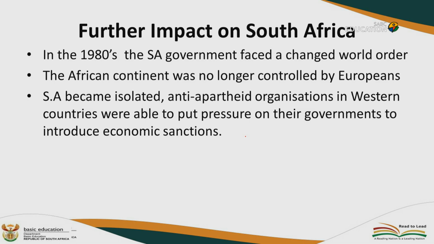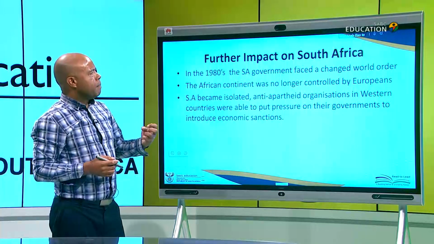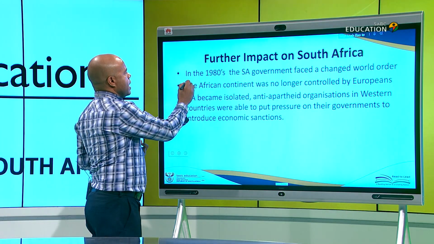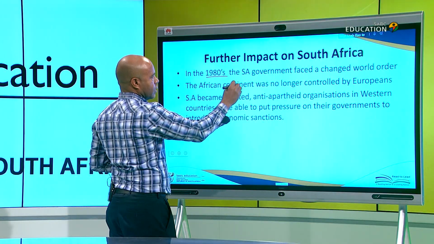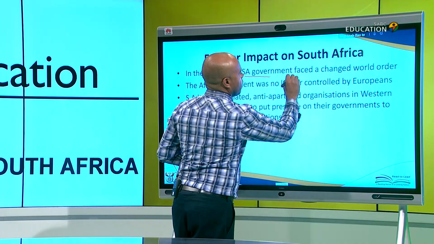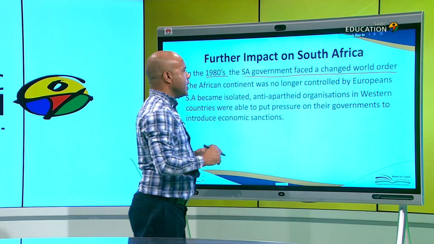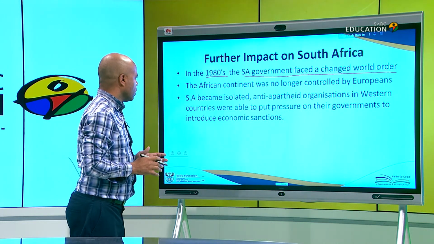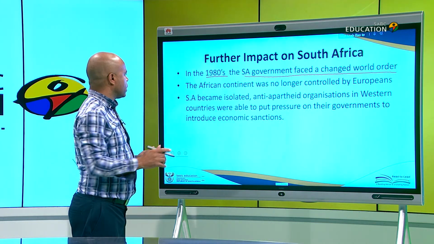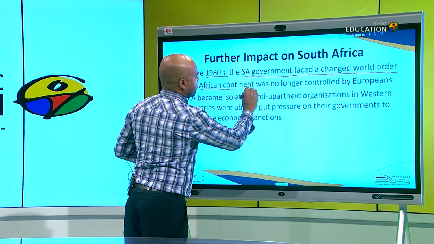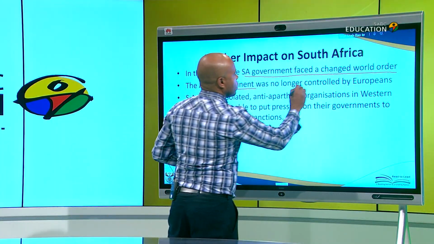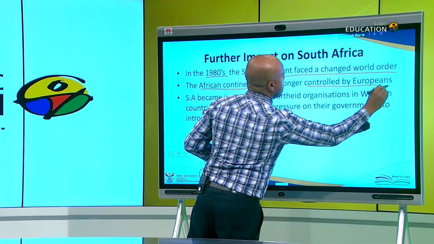But these two leaders were opposing sanctions against South Africa. Then the further impact on South Africa, which is very important that we understand: in the 1980s, the South African government faced a changed world order, meaning that things were changing within the world. What was changing? The African continent was no longer controlled by Europeans.